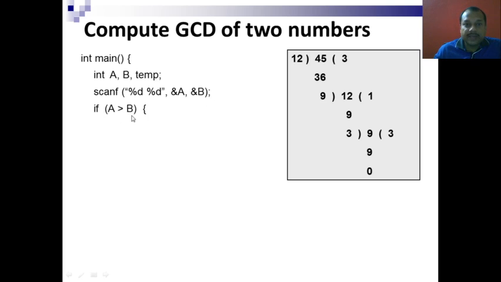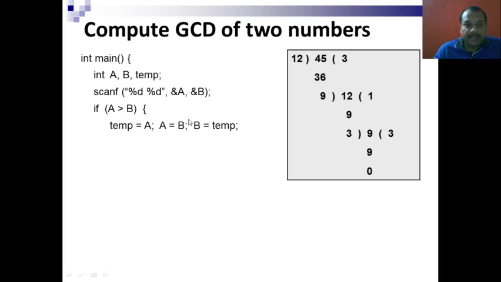Then if a greater than b, then I am exchanging. So after this exchange, I ensure that b is always greater than a. If two numbers are the same, there is a separate treatment, I will come to that.